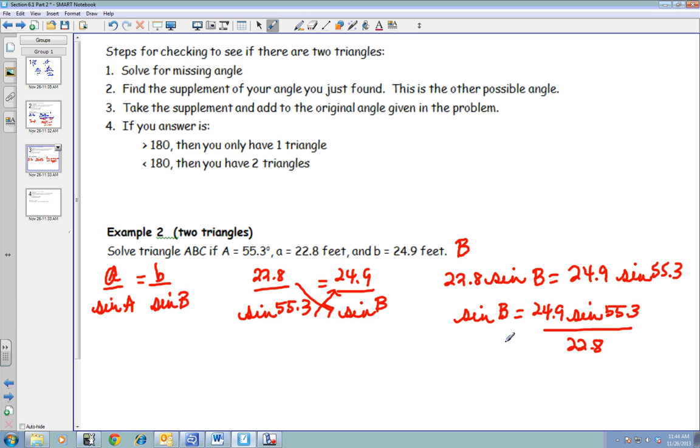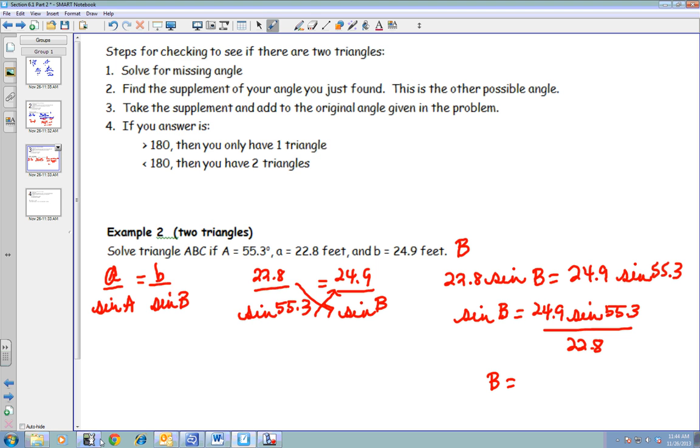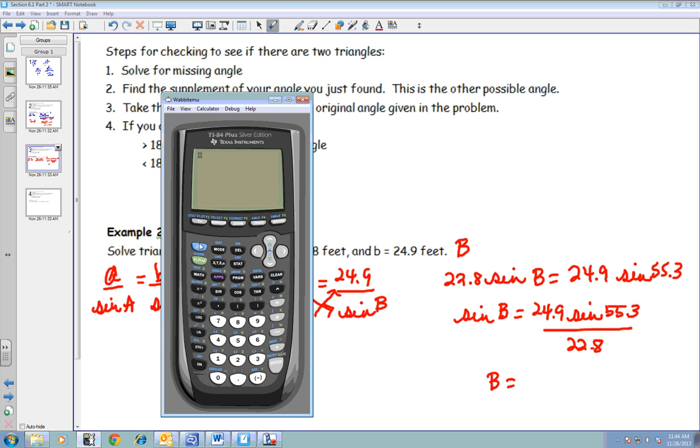Since I want to know what angle B is, I'm going to put this in my calculator, and when I do, I'm going to hit second sine, and that will tell me what my angle is. So second sine, fraction button, 24.9 times the sine of 55.3 over 22.8.